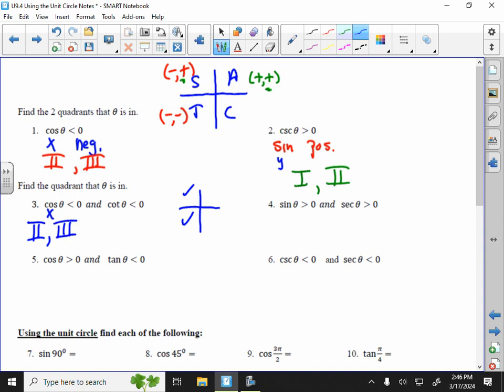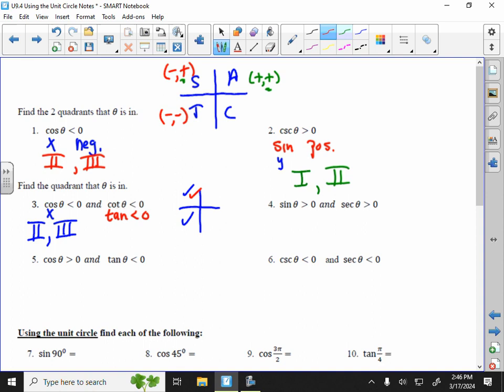Now it says cotangent has to be less than 0. Well, cotangent has the same signs as tangent would. So we want to know, when is tangent, which is the y divided by x, negative? If we look at all the y-coordinates and the x-coordinates, the only way the quotient is going to be negative is if they're opposite signs.